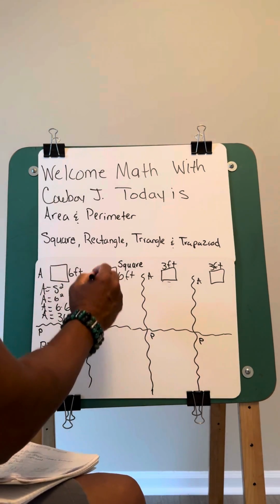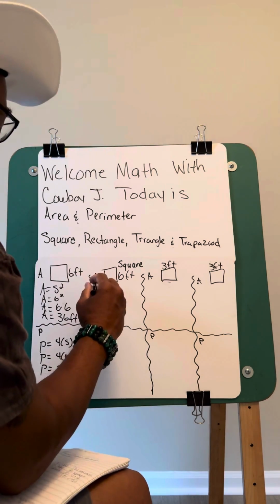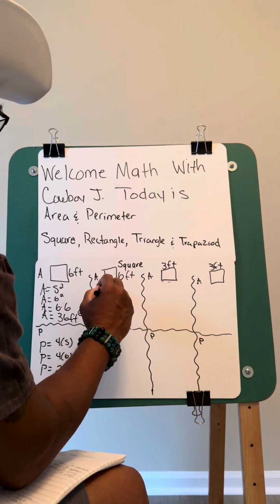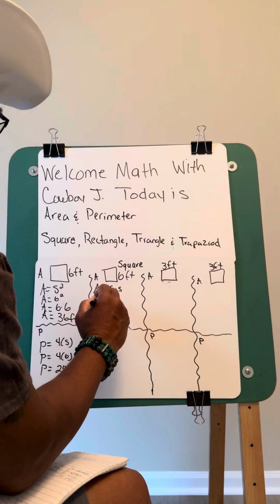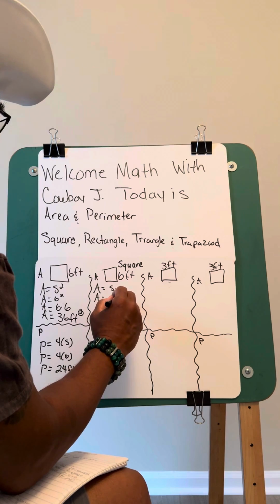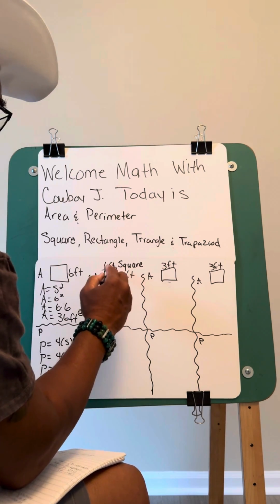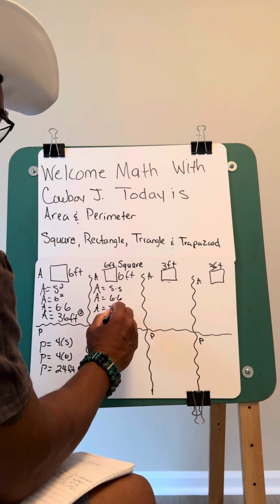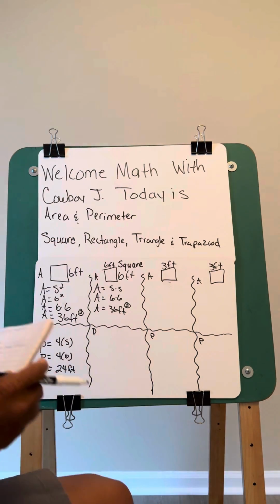Same box, same measurements. A different way you can write it, if you don't understand what squared means, I always tell my students you can write S times S, which means 6 times 6, one side times the other side. A equals 36 feet squared.